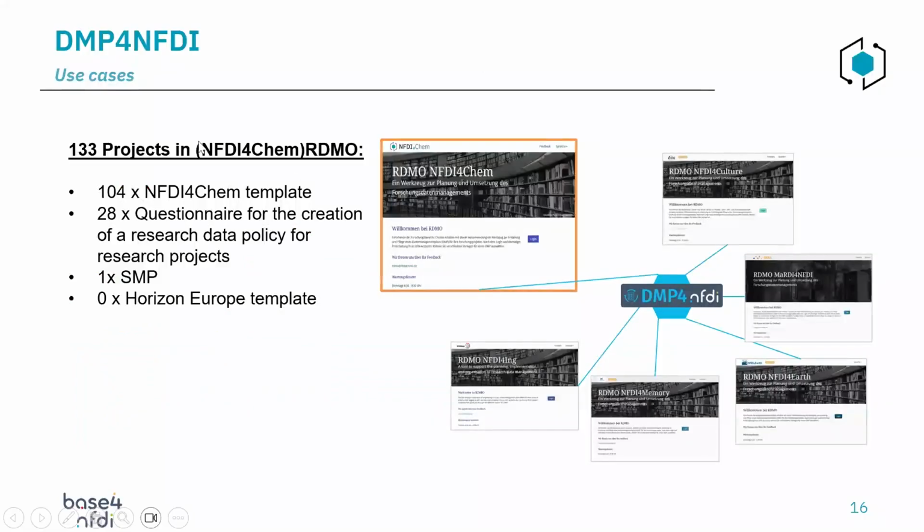When we talk about the RDMO NFDI for Chem, we talk about one client within a multi-site RDMO instance, which is hosted by our team. I will come to that later to explain it in more detail.